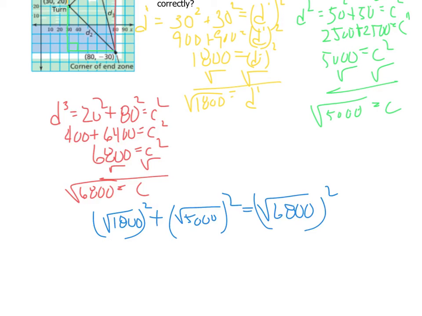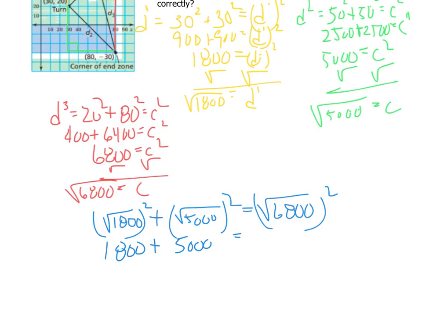So again, you can use a calculator if you really need to, but you're going to have to be copying down a bunch of decimals and trying to figure out stuff. But here's the best way to do this. The opposite operation, or the inverse operation of squaring, is square rooting. So looking at the first one, when I take the square root of 1,800 and square it, what do I get? Well, hopefully you're saying 1,800. When I take the square root of 5,000 and square it, I get 5,000.